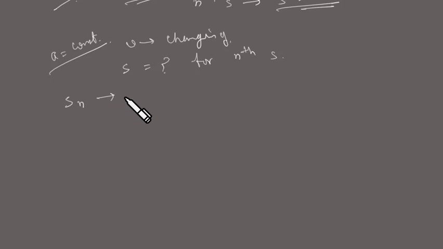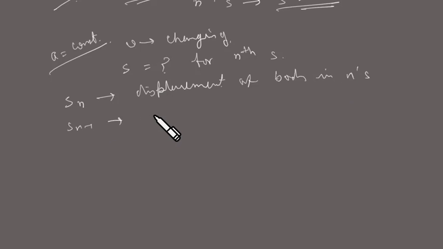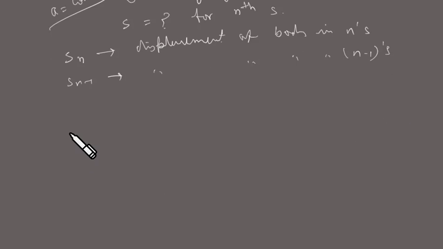Let's say Sn is the displacement of the body in n seconds, and Sn minus 1 is the displacement of the body in n minus 1 seconds. Then in that particular nth second, the displacement will be Sn minus Sn minus 1, the displacement of the body in n seconds minus the displacement of the body in n minus 1 seconds.